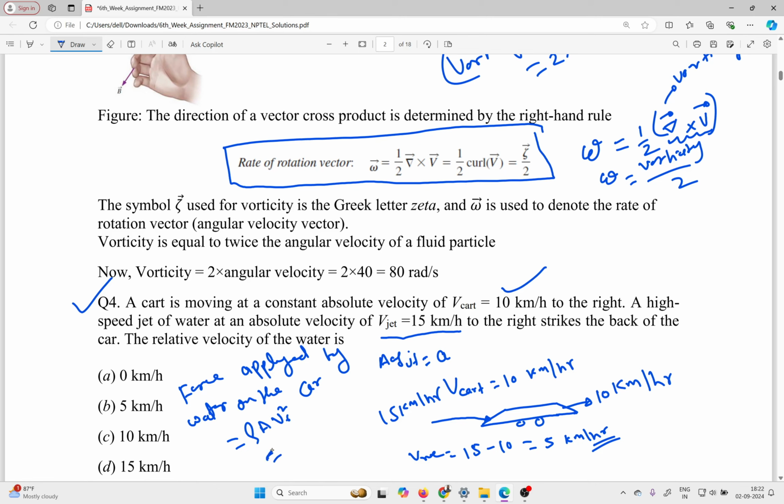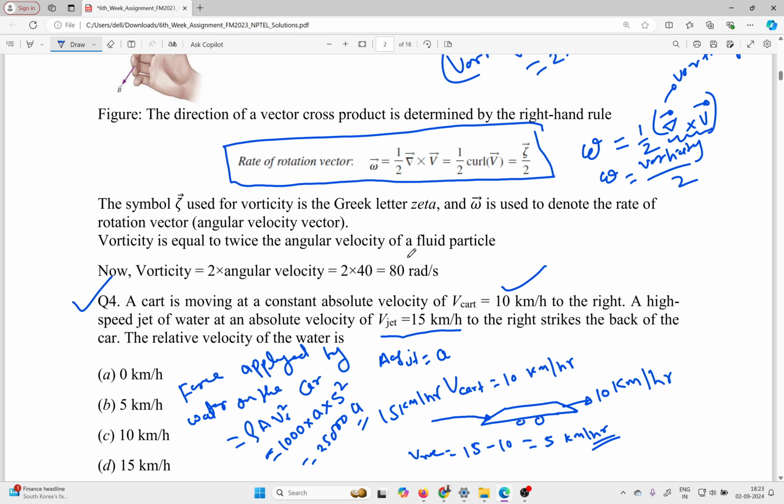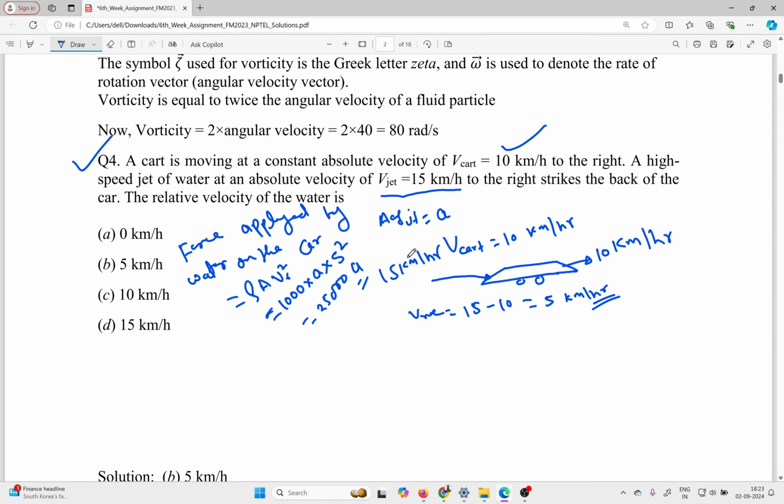Rho is 1000, A is small a, and V relative is 5 squared. So 25,000 A. Yes, you are right. 25,000 will be correct. Okay, now moving ahead with the next question.